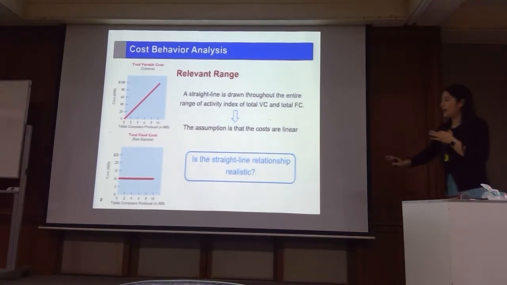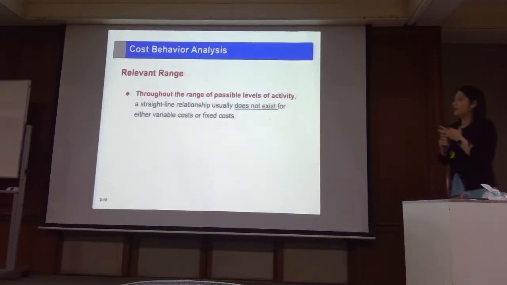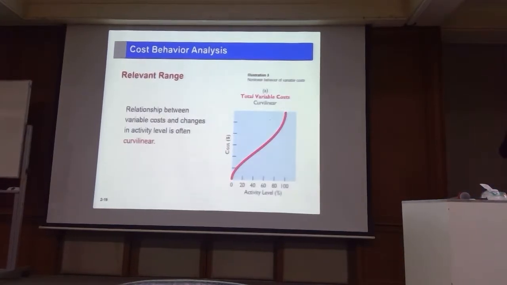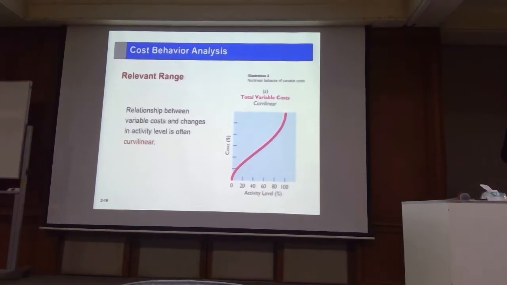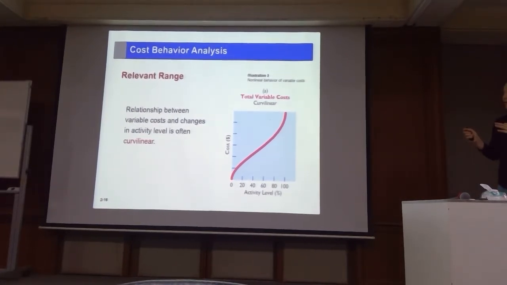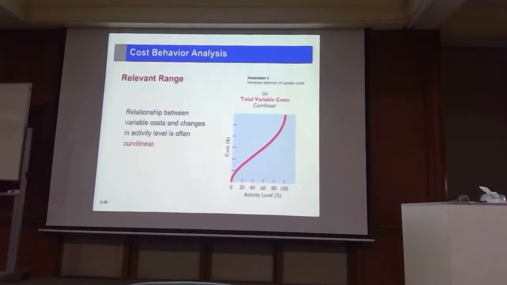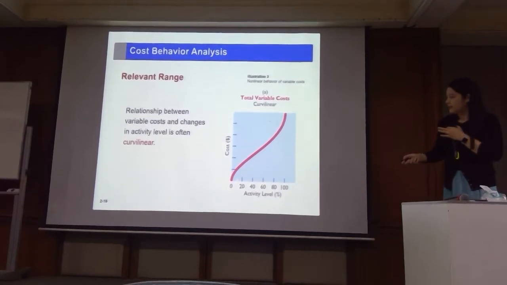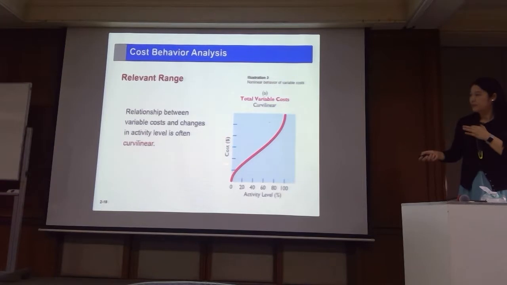Okay, let's see why it's not realistic. Let's look at this graph. This illustration number 3 tells you about the real total variable cost. In practice, if you plot the graph for total variable cost, it looks like an S shape like this. We call it a curvilinear. As you can see, the graph starts with a higher slope, and then the slope becomes lower, and then the slope becomes higher again at the end.